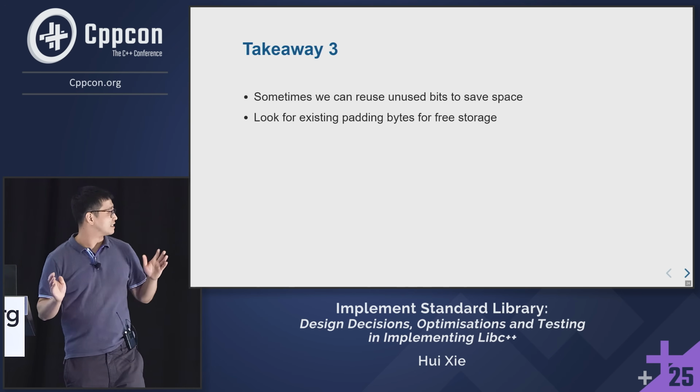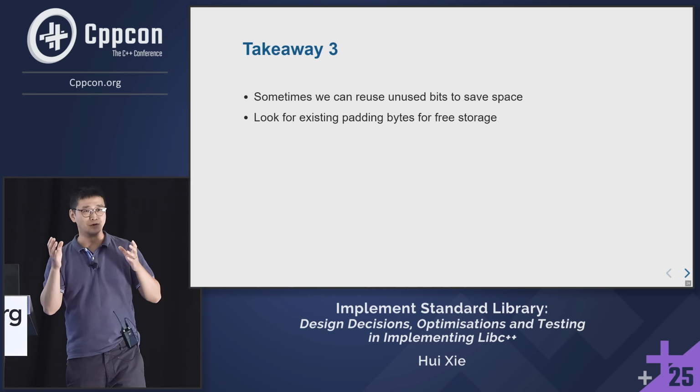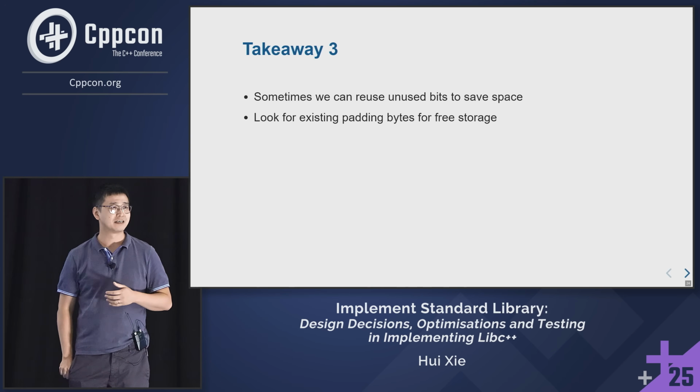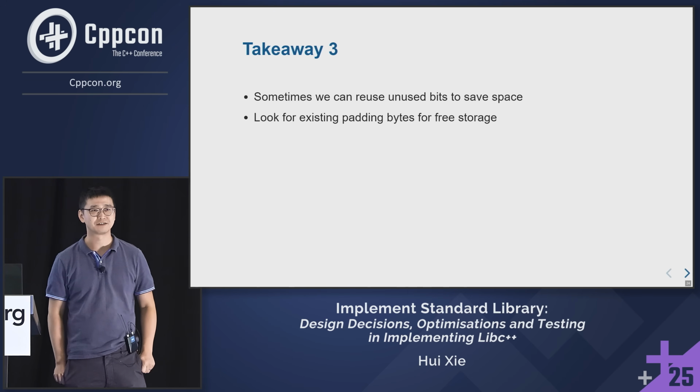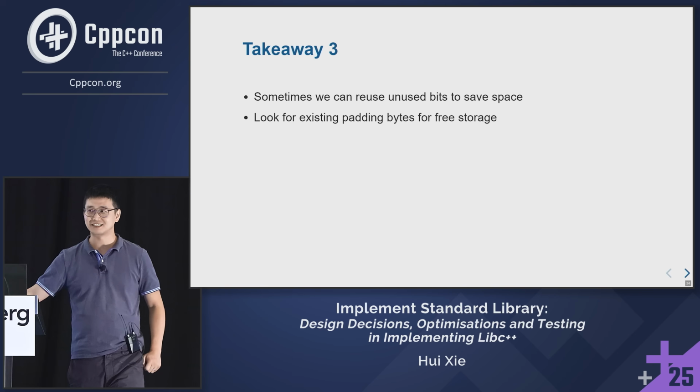And the second takeaway is that when you design your class, you can look for some holes inside your class. You might have lots of padding in the middle of your class, and that's a place where you can fit something else for free storage. Right. Before I move to the next example, do you have any questions?